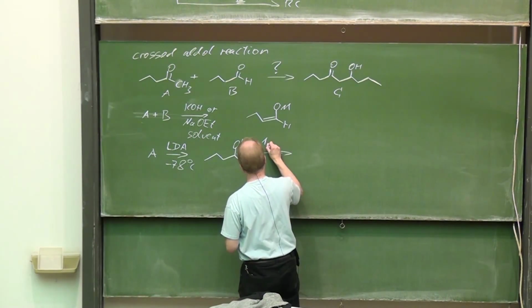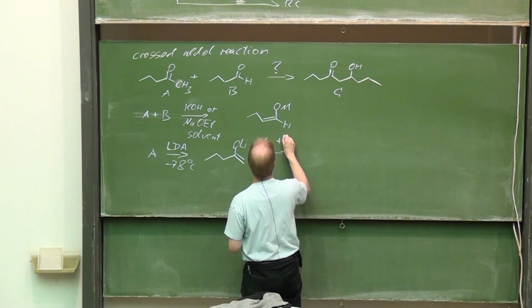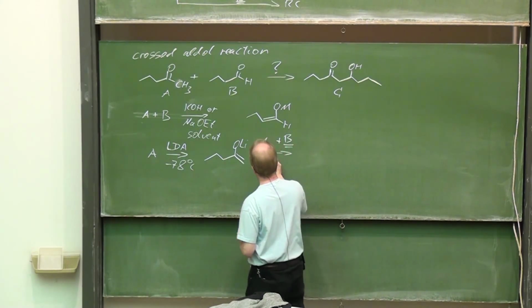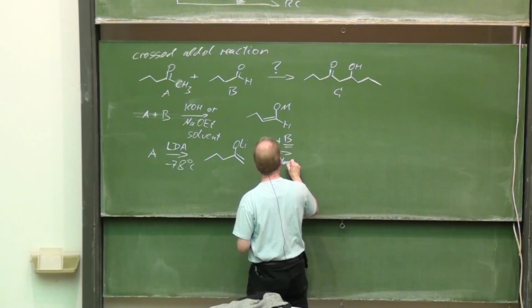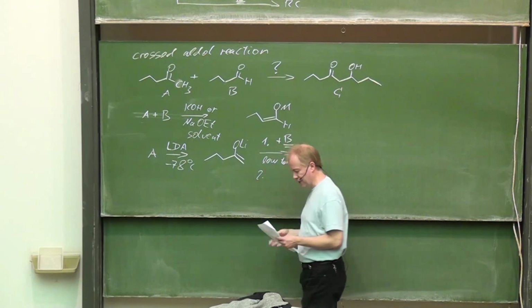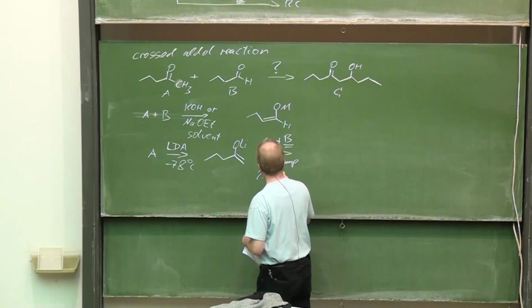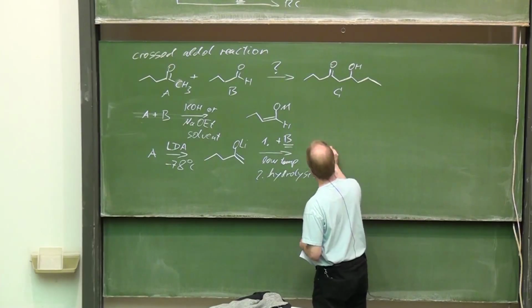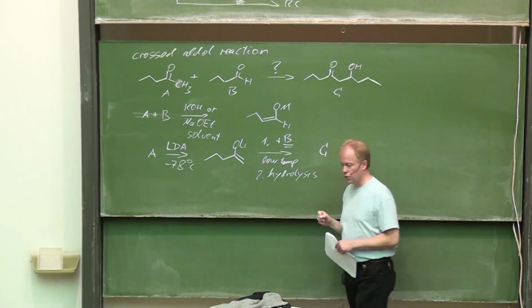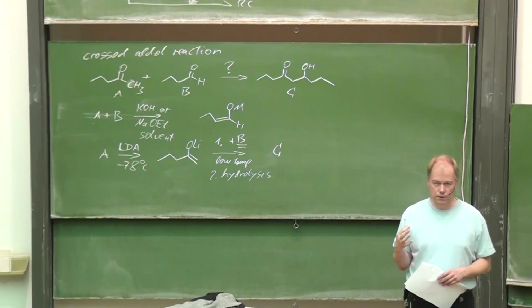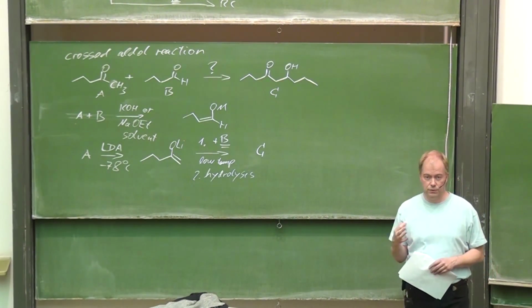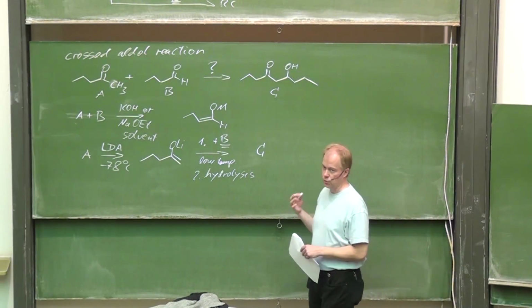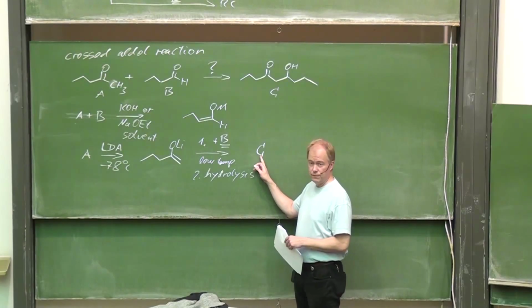And if we then add the aldehyde B, still at low temperatures, and later on, secondly, perform a hydrolysis, of course, hydrolyzing under very moderate reaction conditions, very cautiously acidifying, because otherwise we would get aldol condensation. Then we will get C.